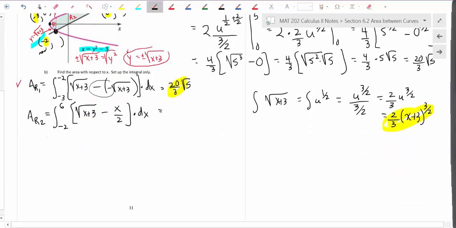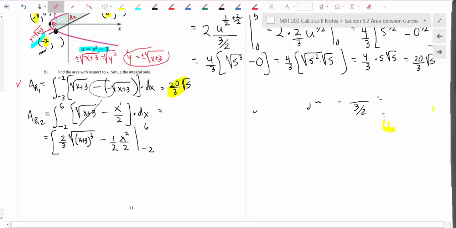So the antiderivative of this part is going to be 2/3 times the square root of x plus 3 to the third, minus, and then this antiderivative would be 1/2 times x to the second over 2. Then we're going to evaluate that from -2 to 6, like that. Okay, now I'm going to erase this so I'll have a little bit of room to complete this.